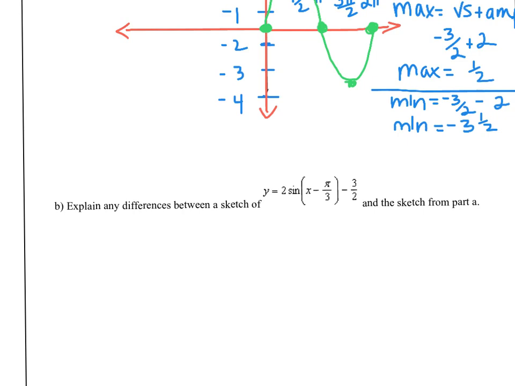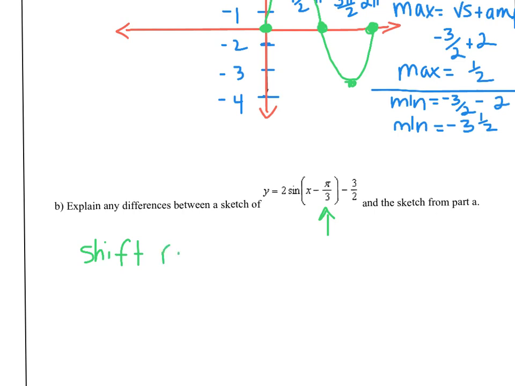Since you have a minus pi over 3 here, remember that represents a horizontal shift. So to explain the differences, the difference would be here in part B that we have a shift. And remember, it's always the opposite direction of whatever the sign is. So the sign between the x and the pi over 3 is minus, so we're actually going to go in a positive direction.